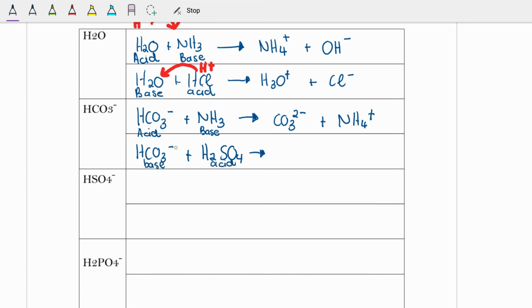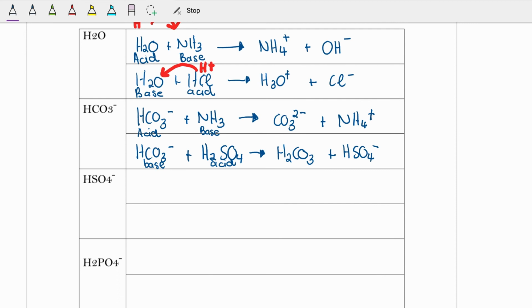Now your hydrogen carbonate is going to accept a proton from the acid, so it's going to become H2CO3, and your sulfuric acid gave away a proton, so it becomes HSO4 minus. That's only assuming that your acid only gave away one proton.